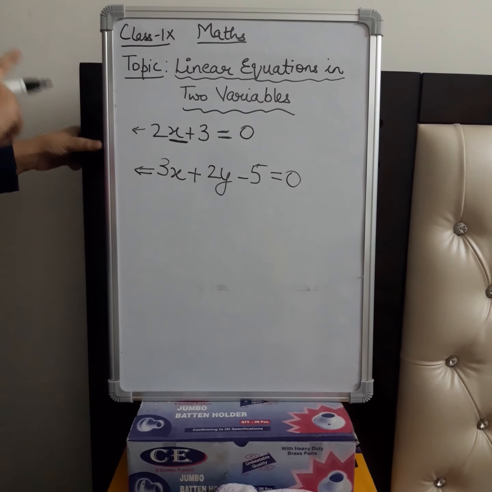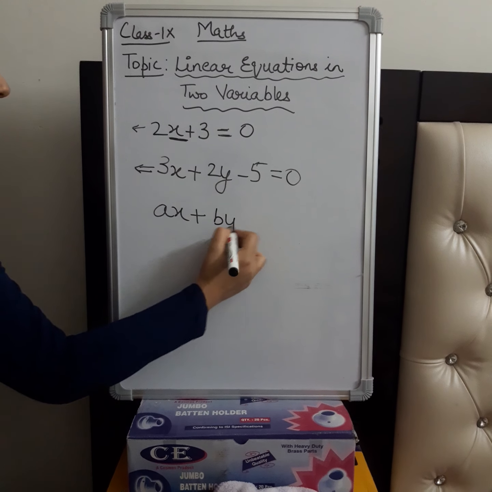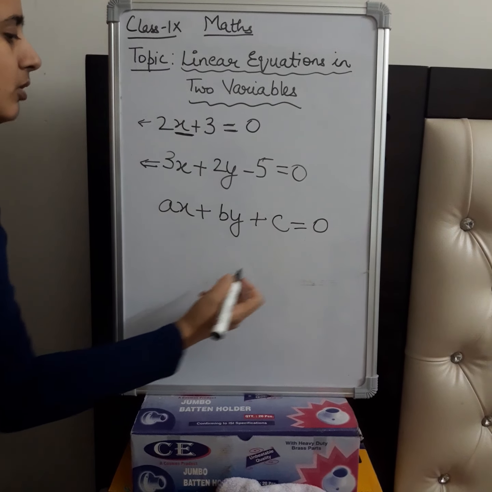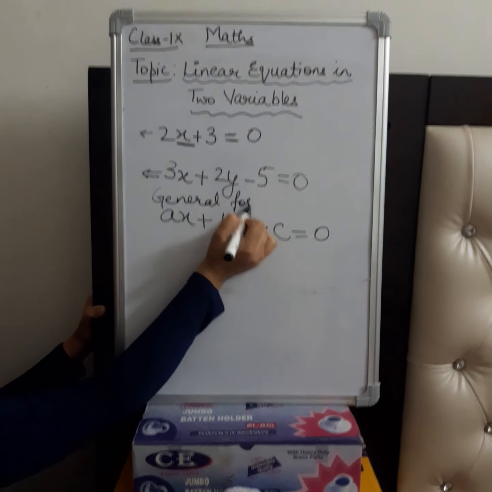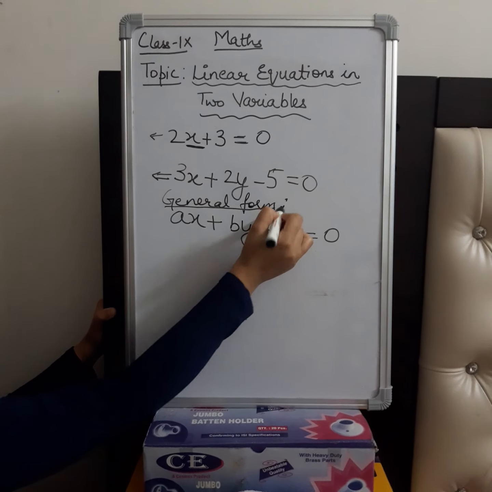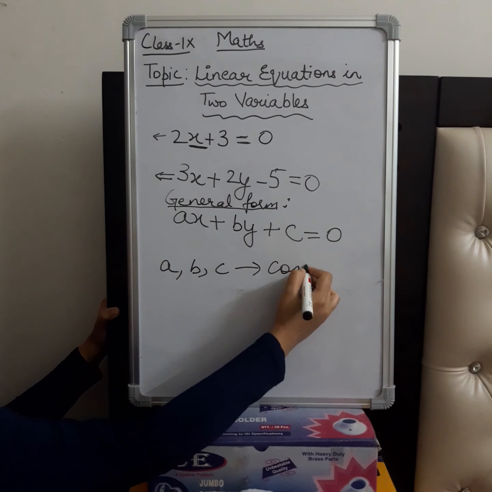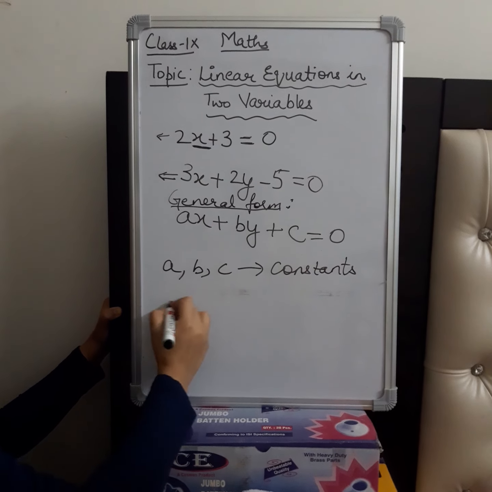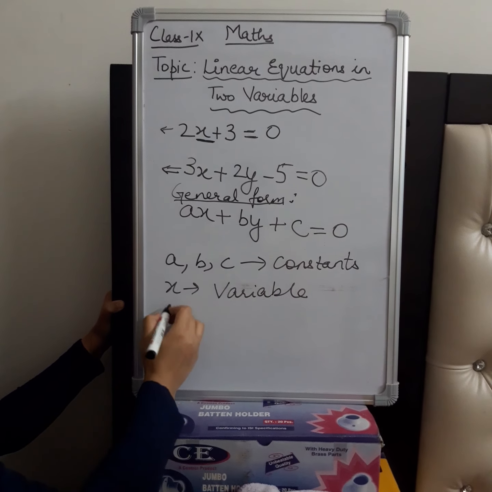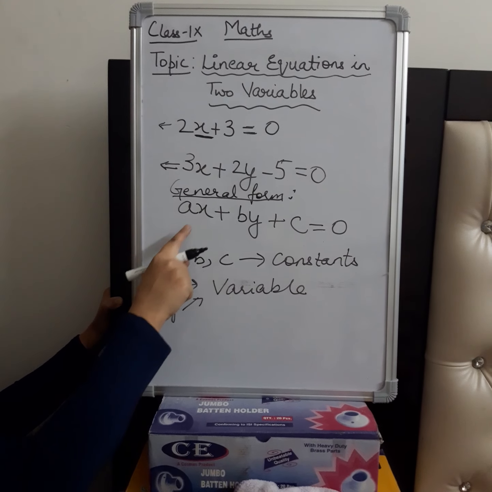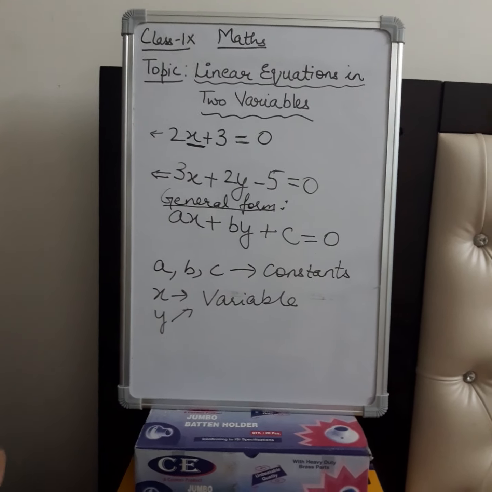The general form of a linear equation in two variables is ax plus by plus c equal to 0, where a, b, c are constants and x and y are the variables.